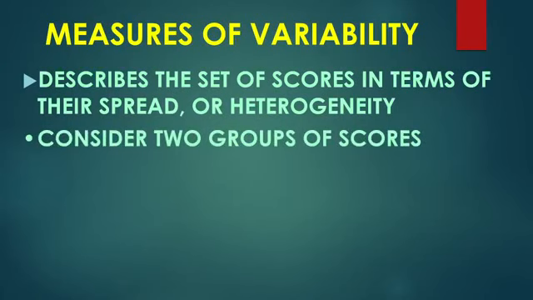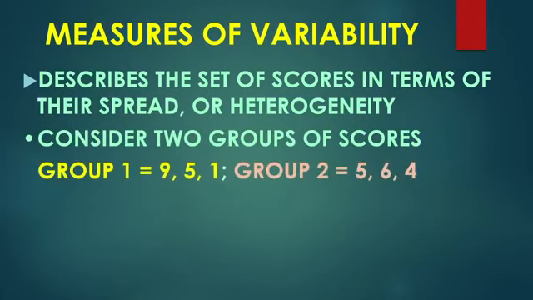Now consider these two groups. We have these scores. Group 1: 9, 5, and 1. For group 2, we have 5, 6, and 4. What have you noticed with the group 1 and the group 2 scores? Yes, Lugo, can you tell me your observation? Group 1, the difference is 4.